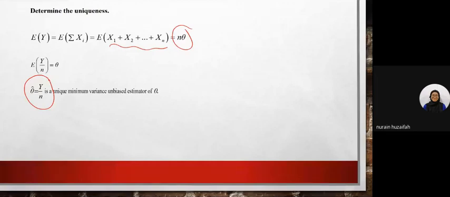And since y is equal to summation xi, the same thing: theta hat is summation xi over n, which is x bar. So if I set the question, prove x bar is the unique minimum variance unbiased estimator of theta, it's the same thing. You get your y and then show y over n, which can also be written as summation xi over n, giving you x bar. That is your unique minimum variance unbiased estimator of theta.